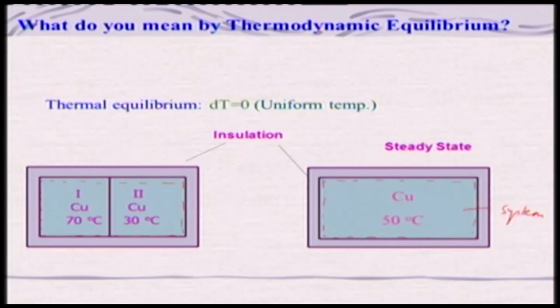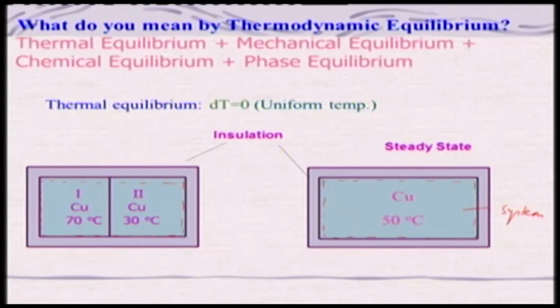Therefore, a system can be said to attain thermodynamic equilibrium only when it attains not only thermal equilibrium, but also mechanical equilibrium, chemical equilibrium and phase equilibrium. These must be satisfied, then only can you call a system to be in thermodynamic equilibrium.